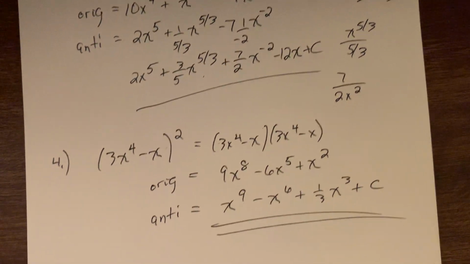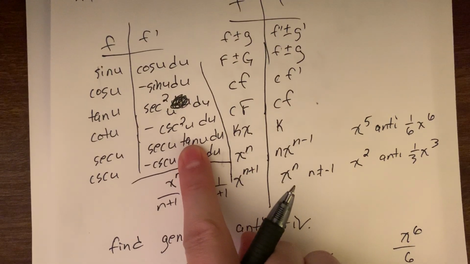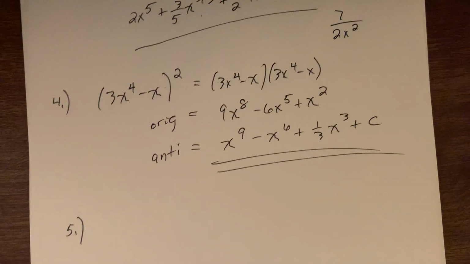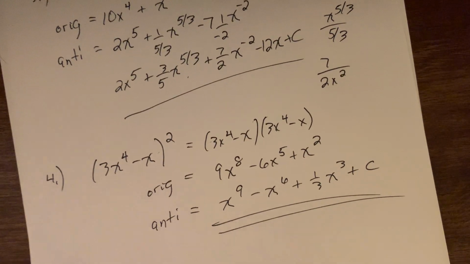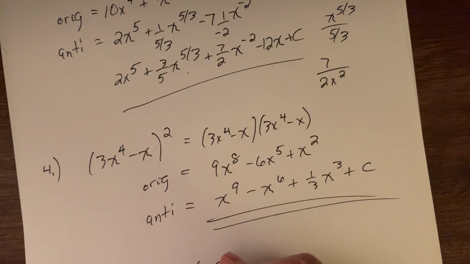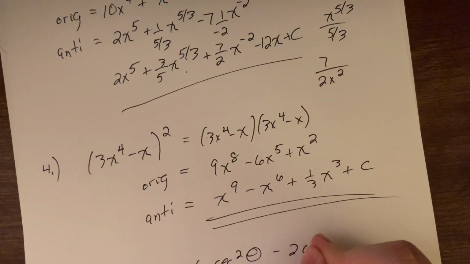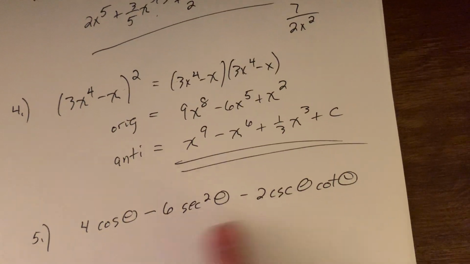Let's realize, first off, that so much of the trig is again based off of this chart. So if we get nice pieces like this, they're already set to go. So if I had something like 4 cosine theta minus 6 secant squared theta minus 2 cosecant theta cotangent theta, well, that looks messy.